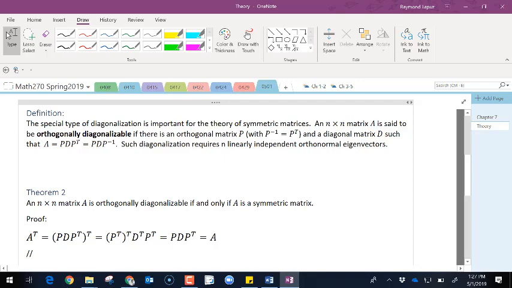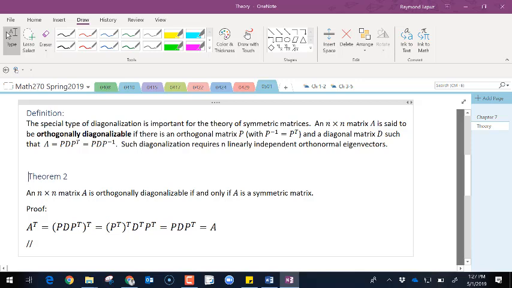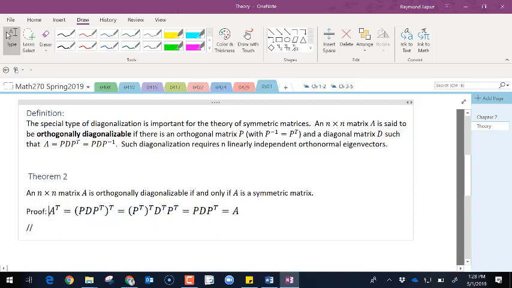Such diagonalization requires the same number of linearly independent orthonormal eigenvectors, which we're able to find. And then a theorem that follows after that is: if you have an orthogonally diagonalizable matrix, then your matrix must have been symmetric. Or vice versa, if your matrix is symmetric, then you're guaranteed to have an orthogonally diagonalizable matrix. Oh, these words are hard to say.